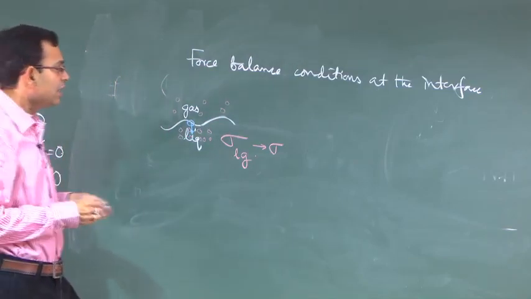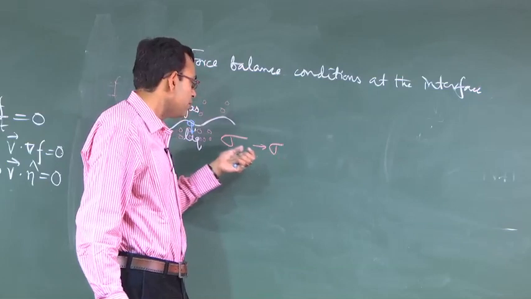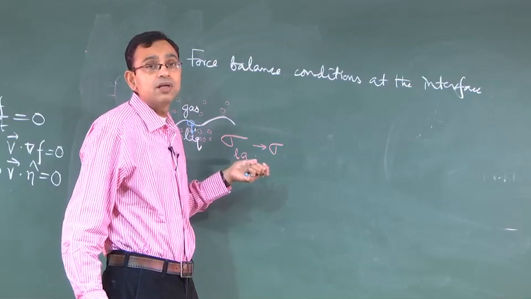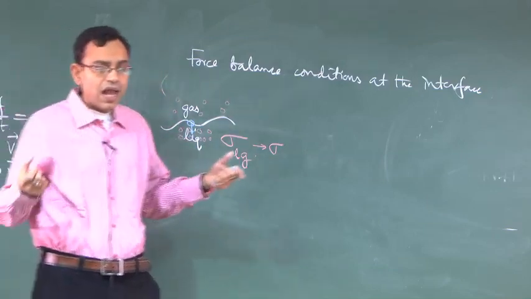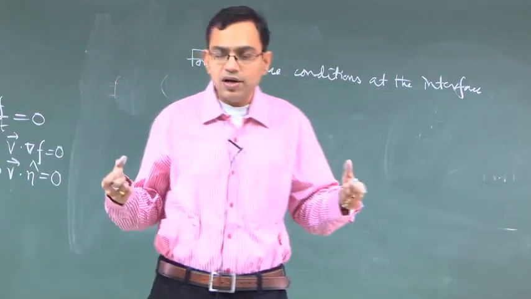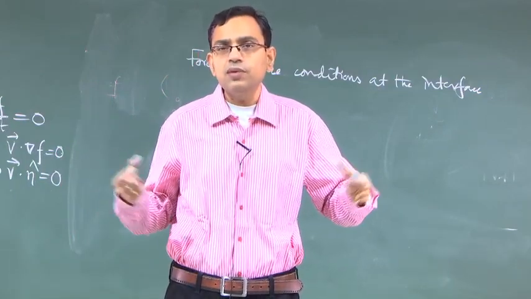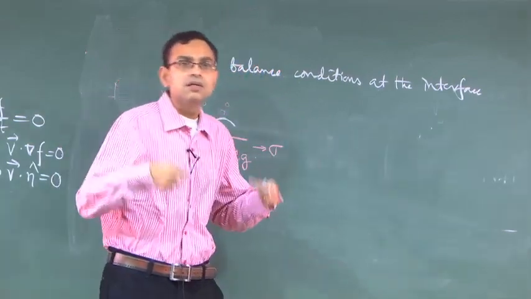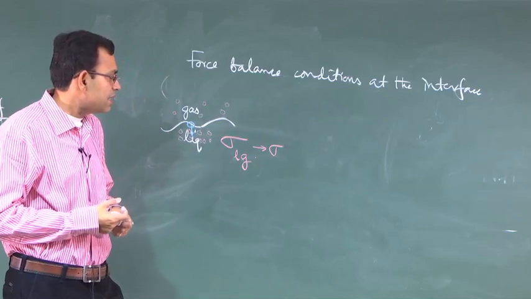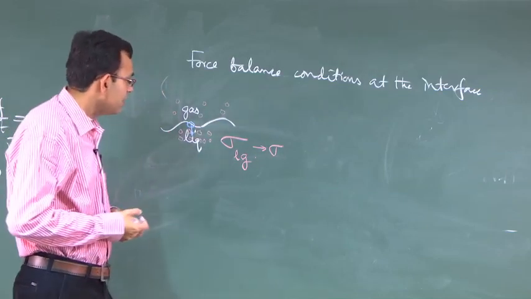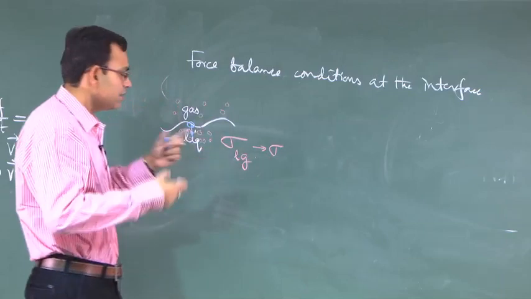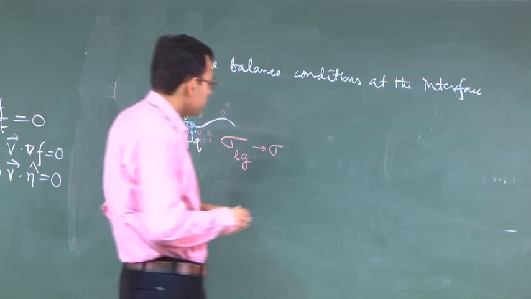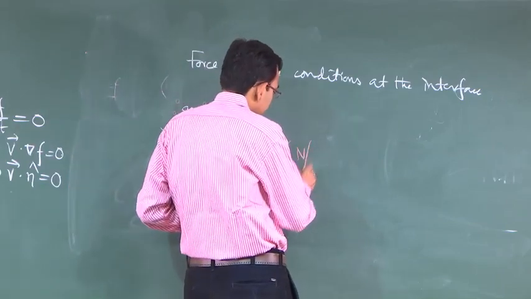But you have to remember that sigma is very much there between a liquid and a solid phase and a gas and a solid phase, because it all arises as a culmination of attractive and repulsive interactions and adhesive and cohesive forces, as a gross manifestation of that. Therefore, it is there at all interfaces. So, the unit of this is Newton per meter.